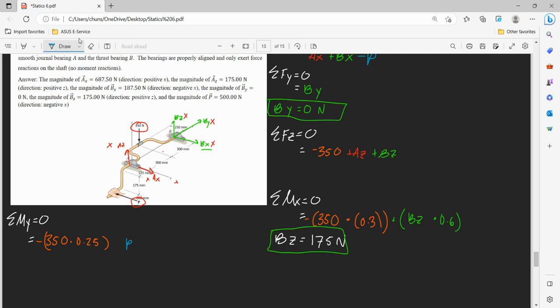So we want our z distance, so this is 0.175. And this is in our negative y direction as well.